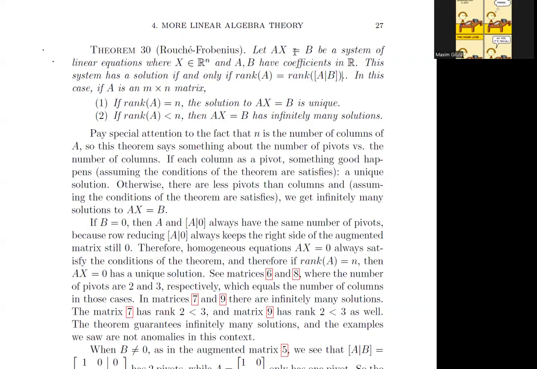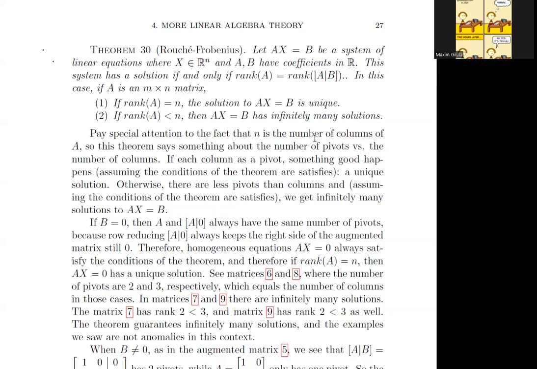So if the number of pivots of A is the same as the number of pivots of [A|B]. In this case, if A is m by n, just a reminder that A is m by n. If rank A is n, then the solution to AX = B is unique. And if rank of A is less than n, then AX = B has infinitely many solutions.